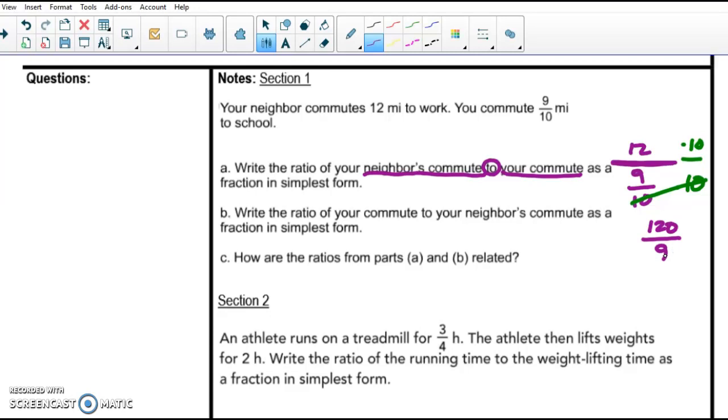I know that 120 can be divided by 3, as well as 9 can be divided by 3. 120 divided by 3 is 40, and 9 divided by 3 is 3. So we end up, as a fraction in simplest form, with a ratio of 40 to 3 miles.